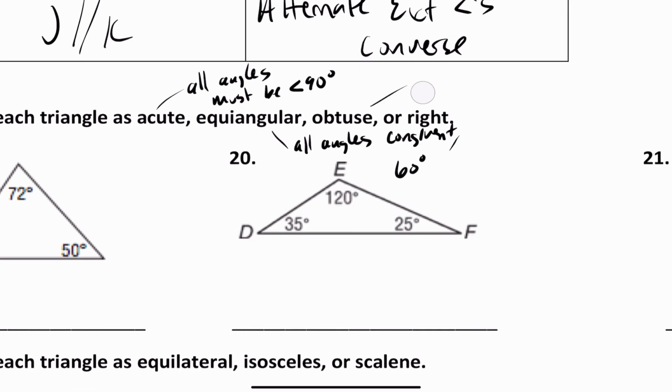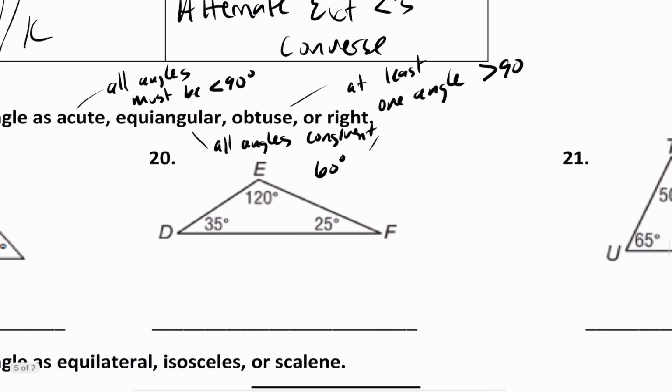Obtuse means at least one angle is greater than 90, okay? And then the right triangle is basically you have one right angle. If you see a square or exactly 90 degrees, okay?